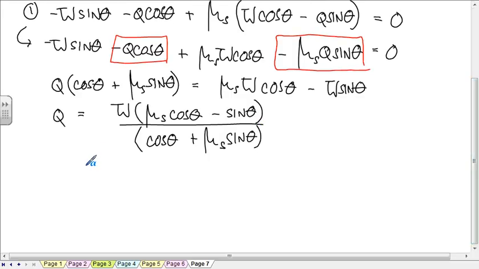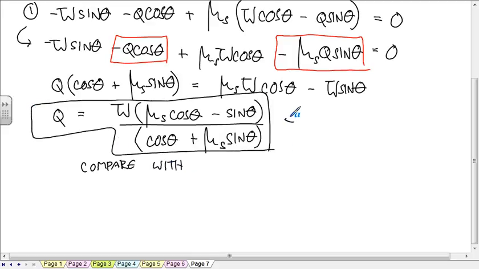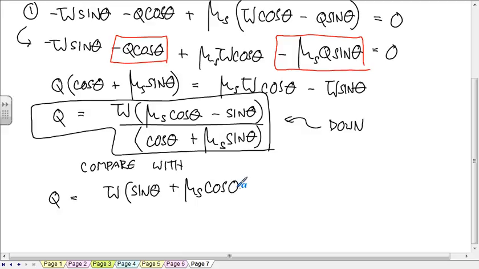Okay, so compare this with, so this is to get it going down. To get it going up, we had Q equals W sine theta plus mu s cosine theta, divided by cosine theta minus mu s sine theta.